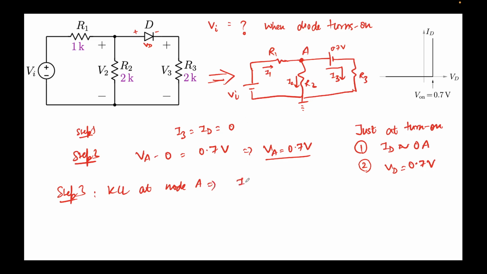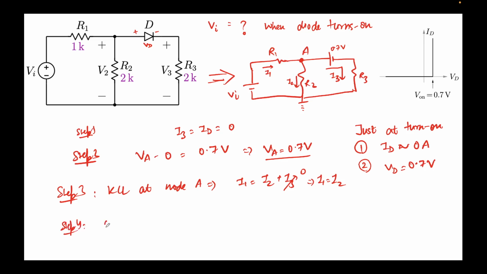Incoming current, which is I1, should be equal to outgoing current, which is I2 plus I3. Now I3 is 0, so this will give me I1 equal to I2. This means all the current that's coming through R1 will also flow through R2.